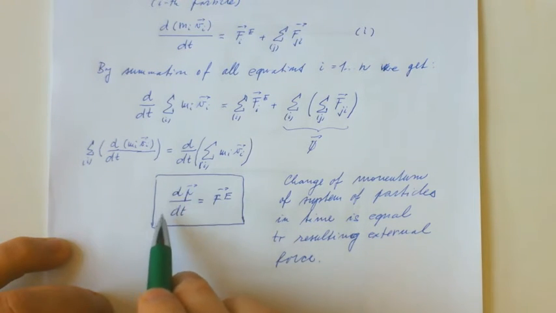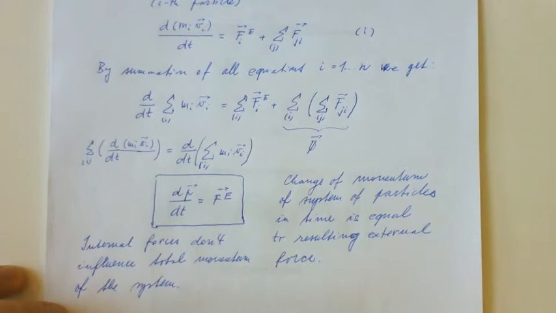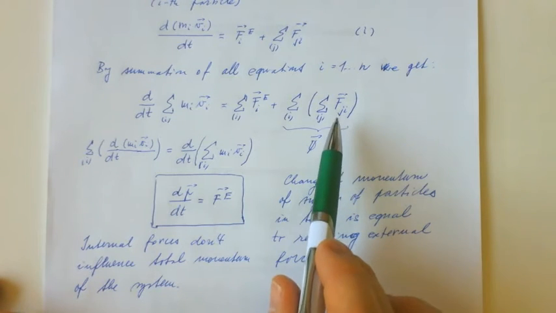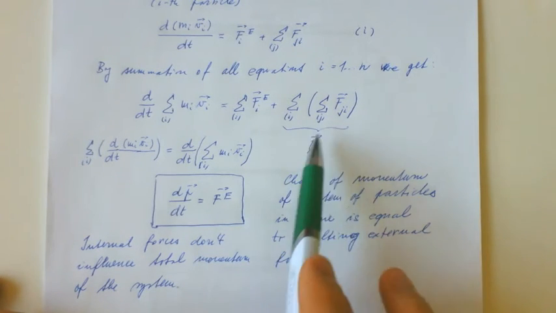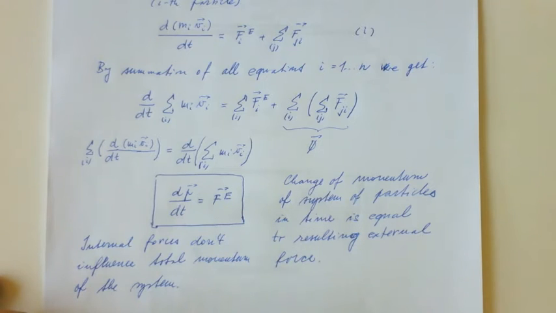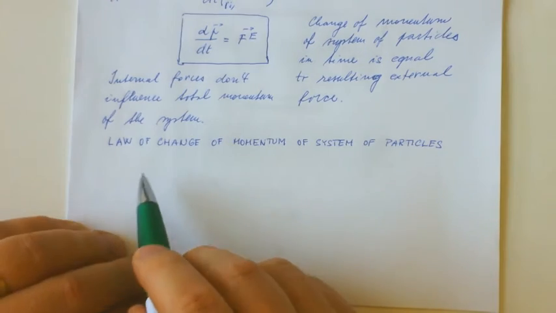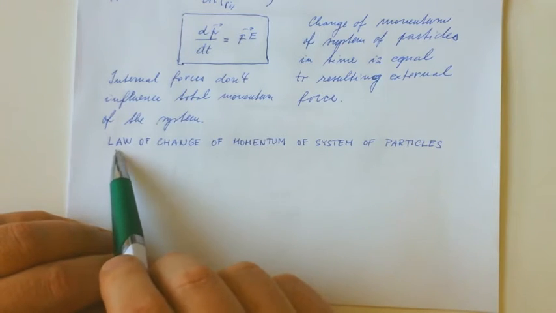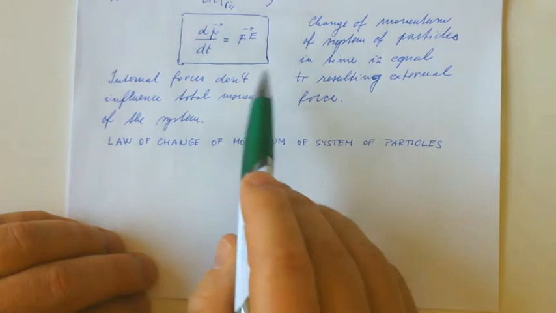This is a change of momentum in time. And second remark, internal forces don't influence total momentum of the system. So this doesn't appear here. So we can in fact formulate a law of change of momentum of system of particles, which is here.